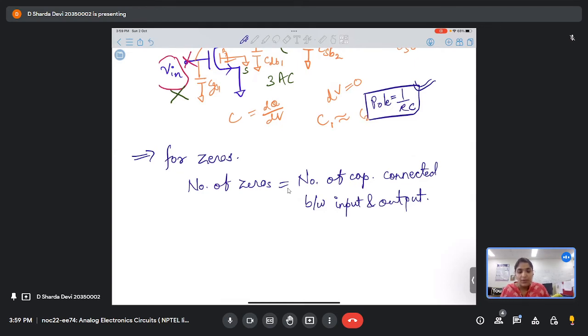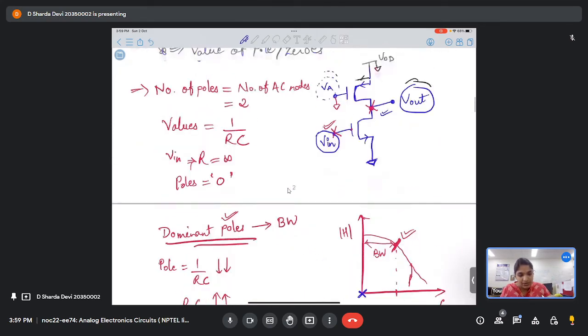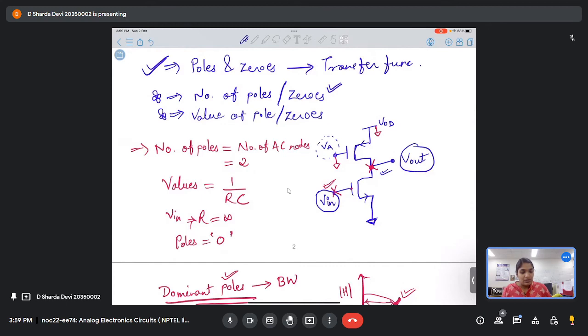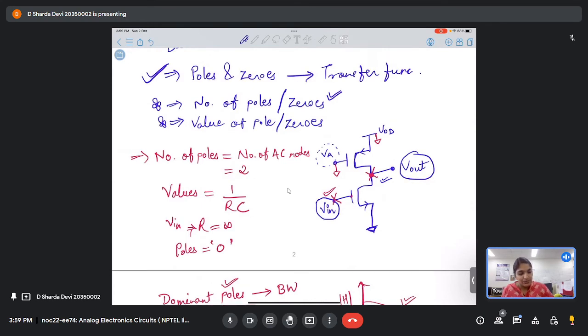Okay. So, going back to the initial circuit, what are the capacitances that we'll see? It is CGS1, CGS2, CGD1, CGD2, and CDB1 and 2.